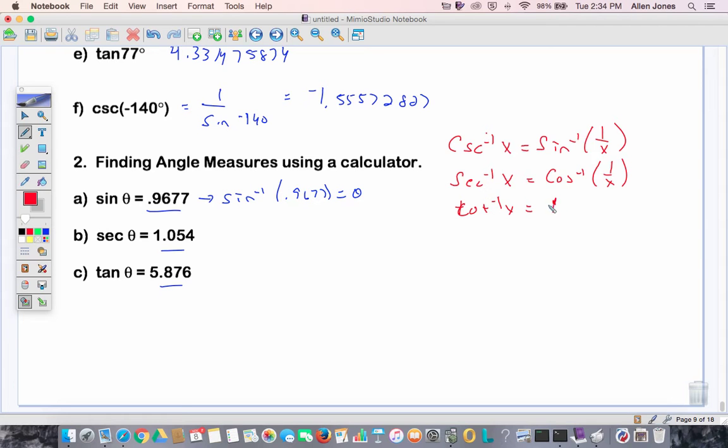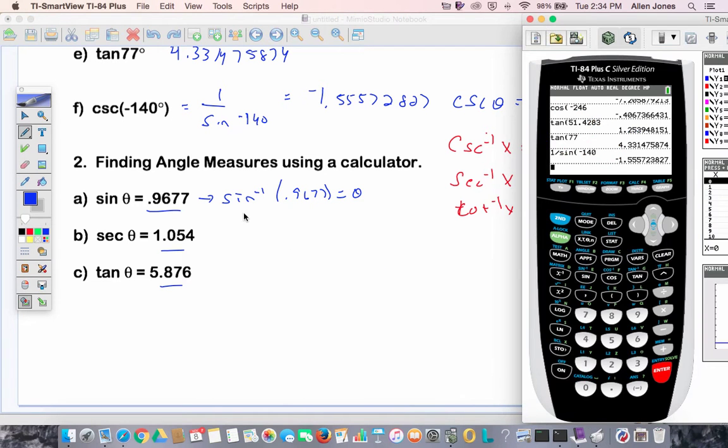And the inverse cotangent of a value is the inverse tangent of 1 divided by x. So comparing that with our previous, if I had the cosecant of an angle, that's 1 divided by the sine of the angle. So notice our different conversions for our ratios to angles. They are typed in a little bit differently into our calculator.